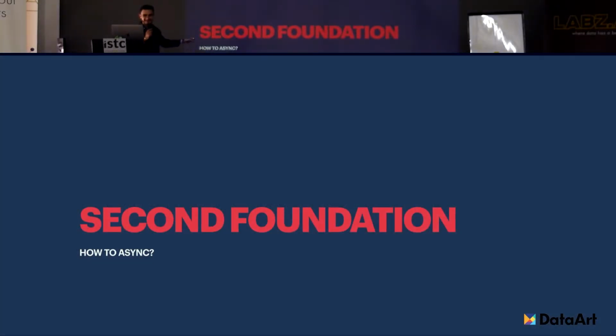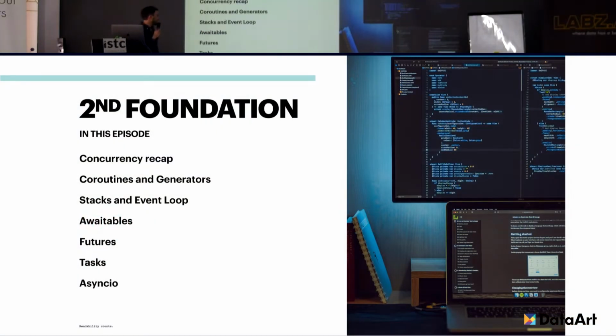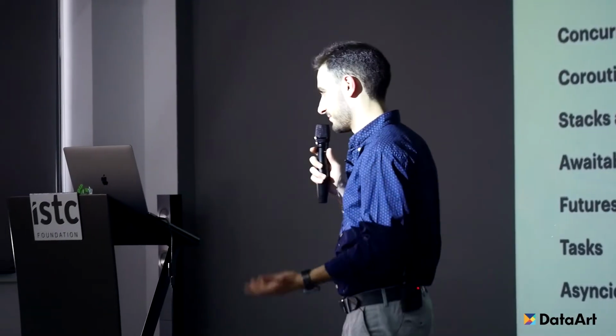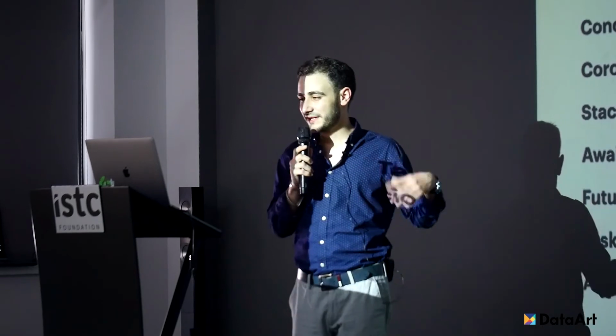So this is the second presentation in the series, and today, as I said, we're going to have some recap. Then we'll speak about coroutines and generators. If you remember, last time I advised you to have a look at generators to refresh your knowledge, because it will help us today. Then we will try to understand how stacks work in an application.